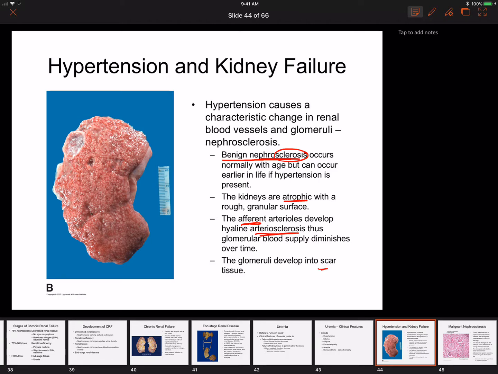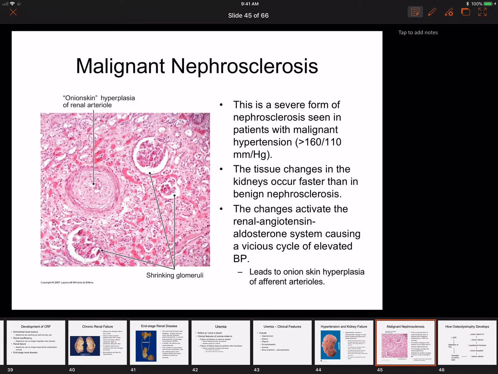The classical appearance of that excessive blood pressure increase is basically the appearance of what's called the onion skin hyperplasia. Now, what you see here is hyperplasia within the smooth muscle layer of the blood vessel, giving it the appearance of onion skin.